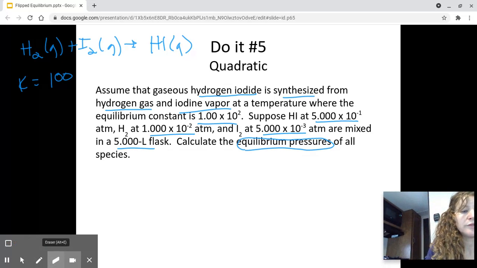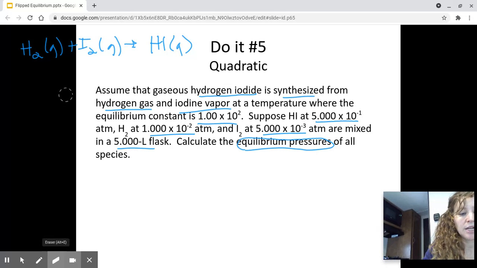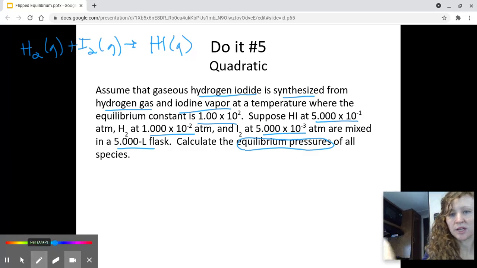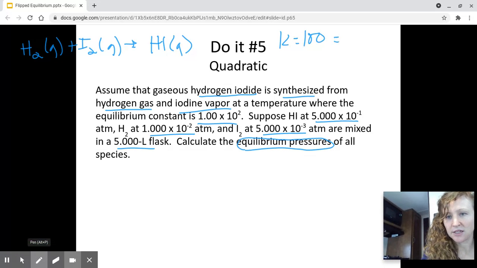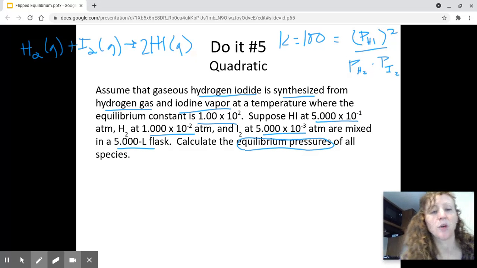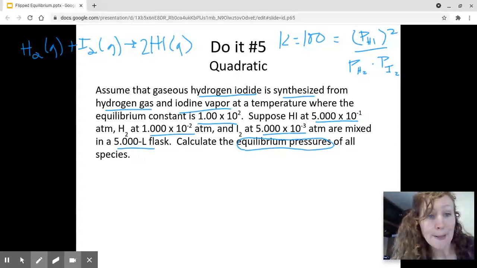So I'm going to actually move this K so that I can fill in some of this information. So they give us K equals 100, and I can write my K expression, pressure of HI over pressure of H2 times pressure of I2, and let's balance this. So the top needs to be squared.